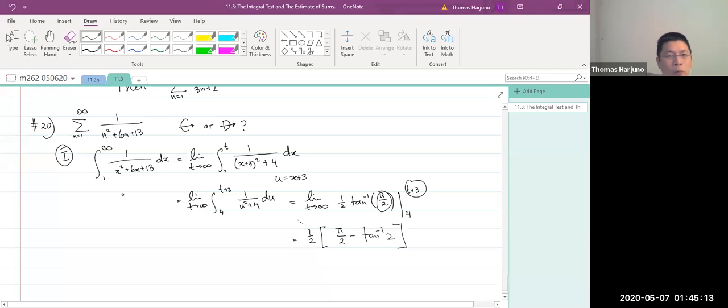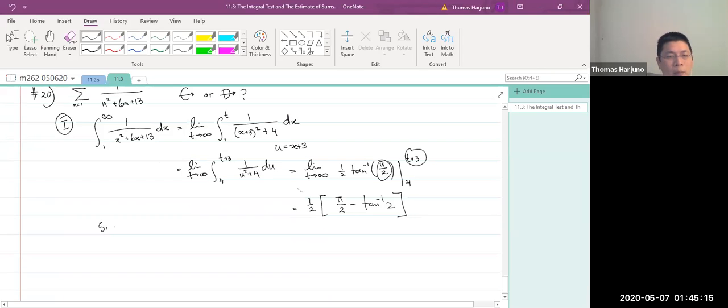Therefore, by the integral test, the series from 1 to infinity of 1 over n squared plus 6n plus 13 is convergent.